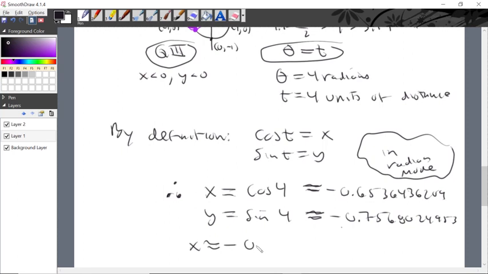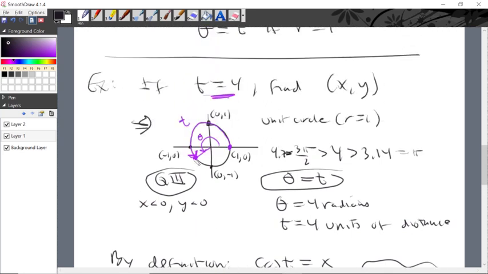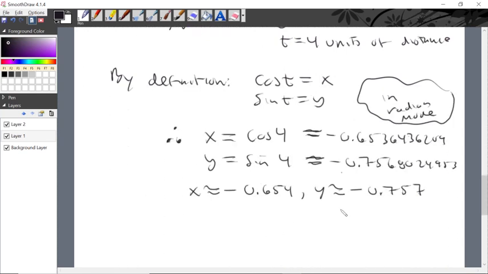So we want to round those to 3 decimal places. X is approximately negative 0.654, and Y is approximately negative 0.757. So geometrically, the coordinates of this point right here, x, y, would be these.